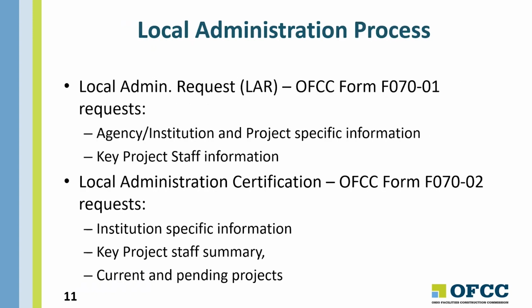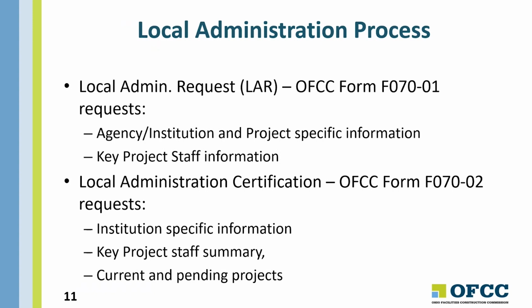So local administration request is what we refer to as an LAR in OAKS. It uses form 70-01. It includes some agency or institution and project specific information and identifies the key project staff.